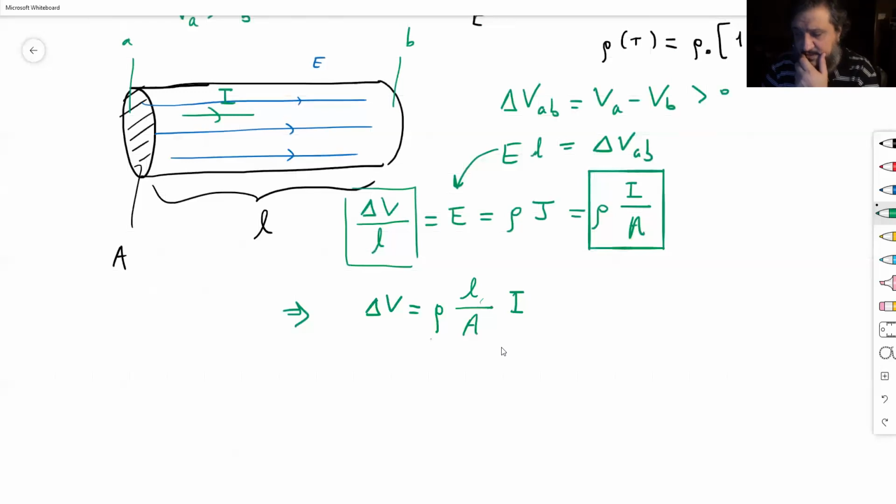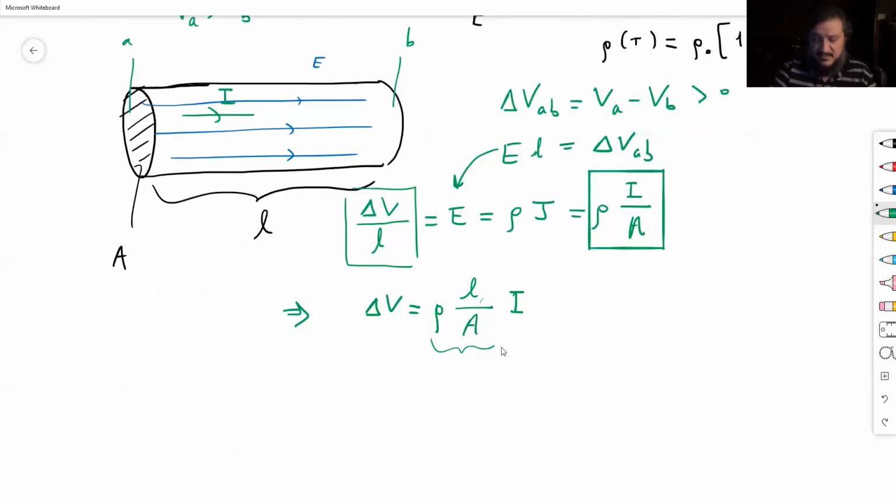These are all constants. What may change is the current. So the current changes based on the potential difference. It's a linear relationship. Greater the potential difference, greater the current, okay? And if that constant, for a given potential difference, is small, then the current will be high to keep delta V the same.